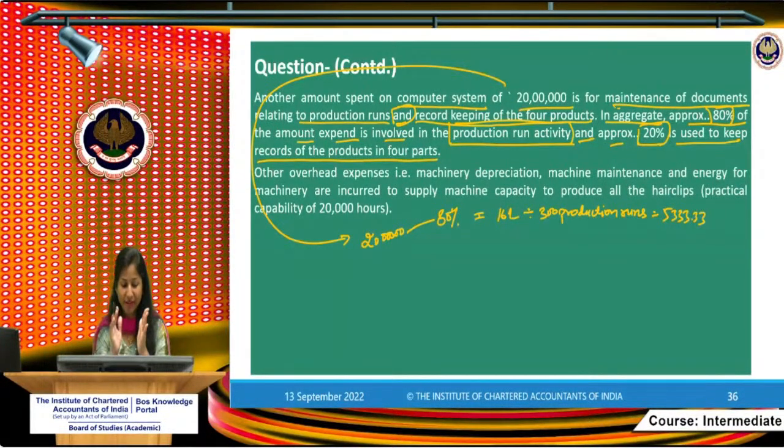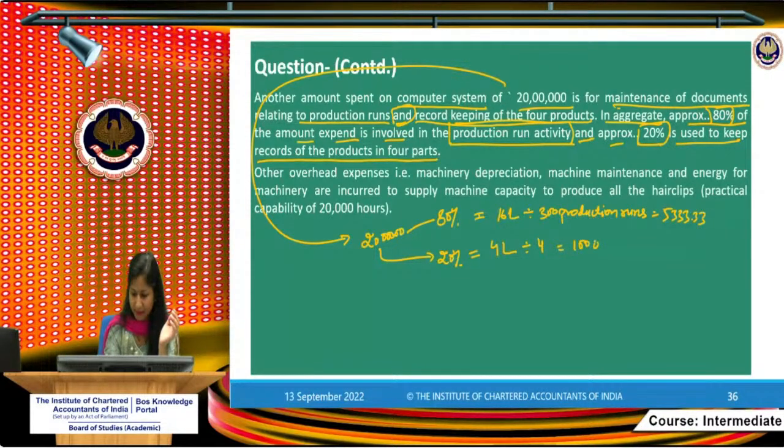So we would be dividing the remaining 20%, which comes to 4 lakh, by 4 parts, giving 1 lakh. Okay. Next information. I hope this para regarding the computer system is clear to all.